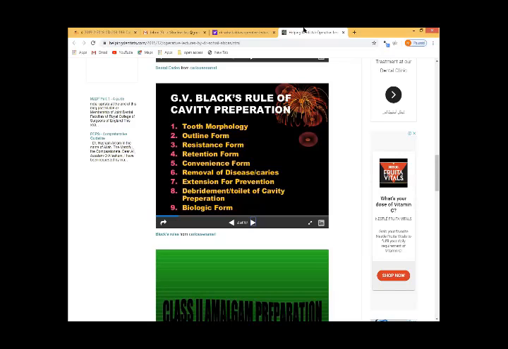Whatever bevel we give that axiopulpal line angle, we consider how deep the cavity is on the occlusal surface and on the proximal surface. Normally, when we are digging the cavity on the plaster models, we give a medium bevel on that particular area, not a short one, not a long, deep one.